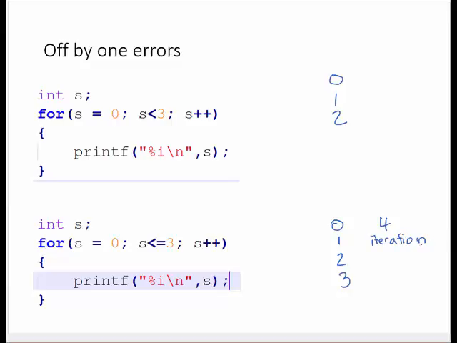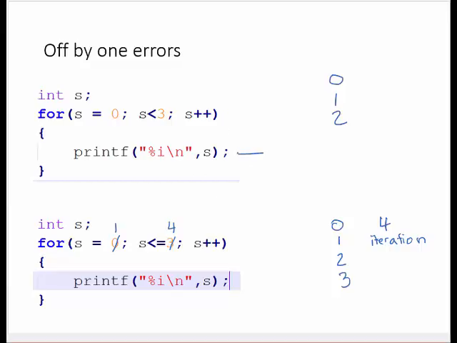Another kind of thing that can happen, that people often do, maybe they start their counter at 1. So if I started this at 1, I would get 1, 2, 3, and I would have only 3 iterations. So I could make this be 4, and I will get 1, 2, 3, 4. So there's 2 things. One is how many times you need to go through the loop, and then make sure you set the structure up correctly so you go through the loop the correct number of times.